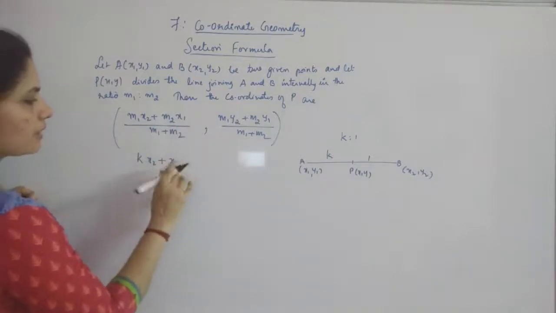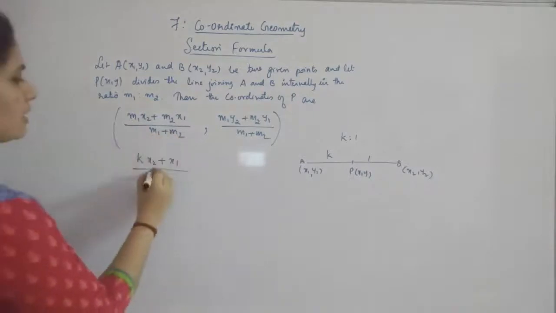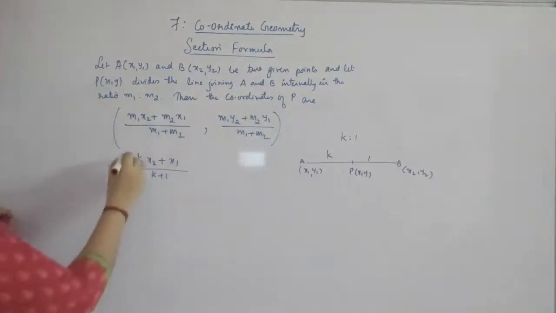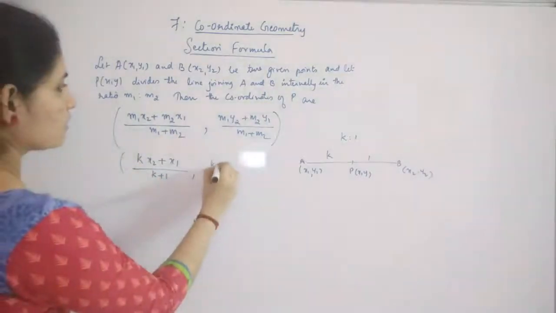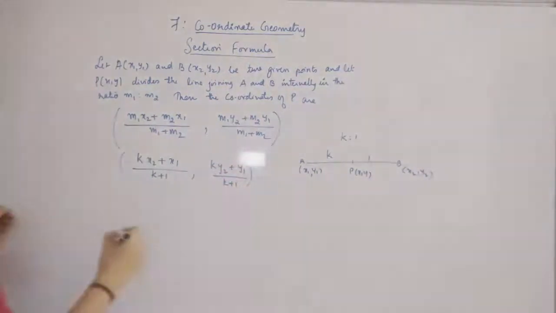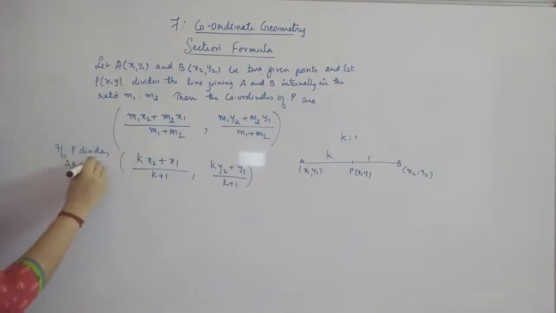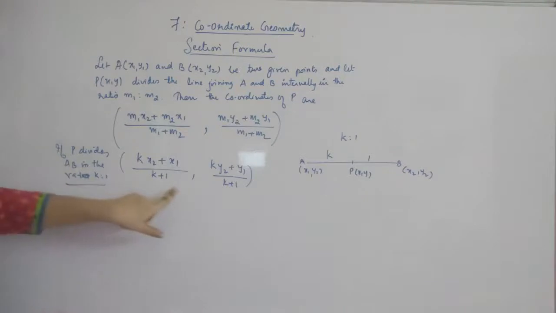So you will get k x2 plus x1 divided by k plus 1, and the other one will give you k y2 plus y1 divided by k plus 1. If P divides the line joining AB in the ratio k is to 1, then this is the formula.